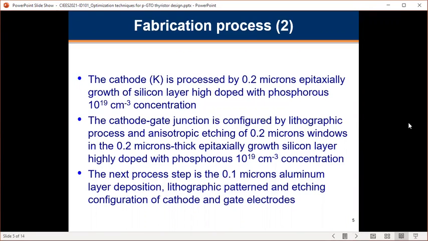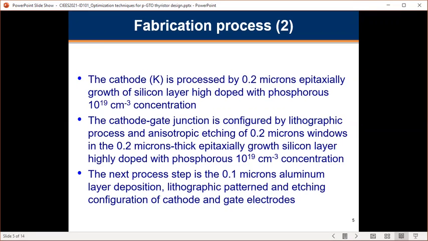The second stage of the fabrication process is for the cathode, a 0.2 microns silicon layer highly doped with phosphorus, so N-type. The cathode gate junction is configured by lithographic process and anisotropic etching.